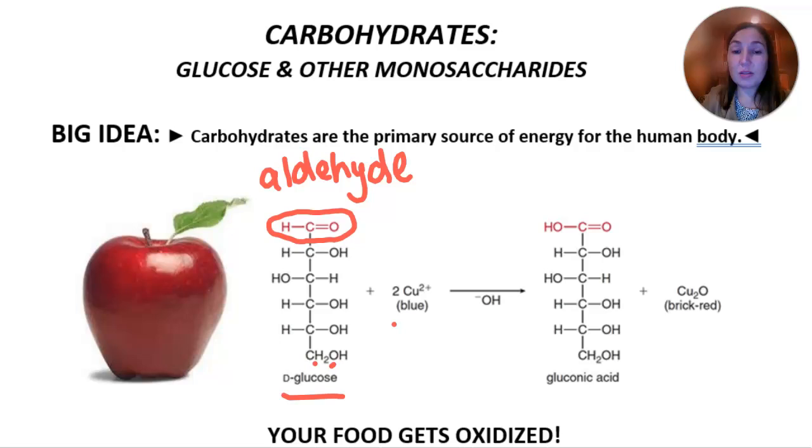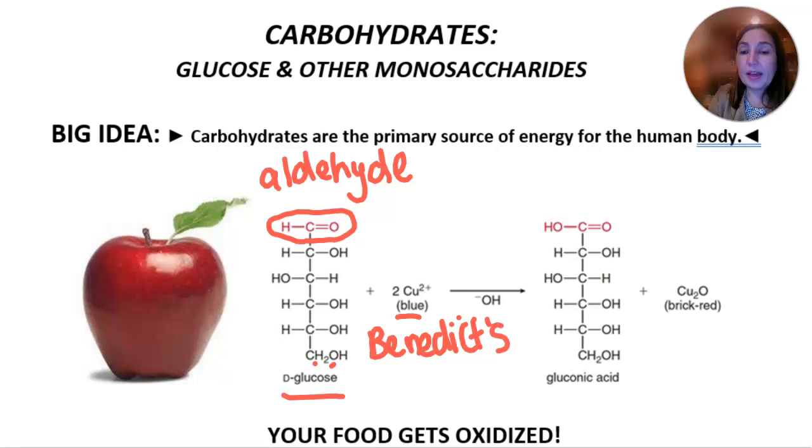Now it says plus 2Cu2+, blue. This is really representing having our Benedict's reagent. And it says with OH-, so with hydroxide, in the presence of base, it reacts to form gluconic acid.